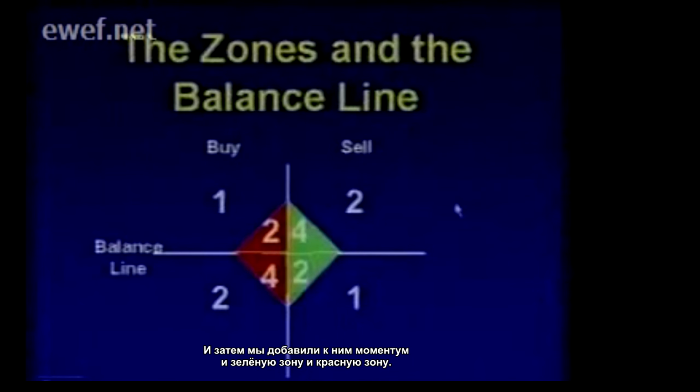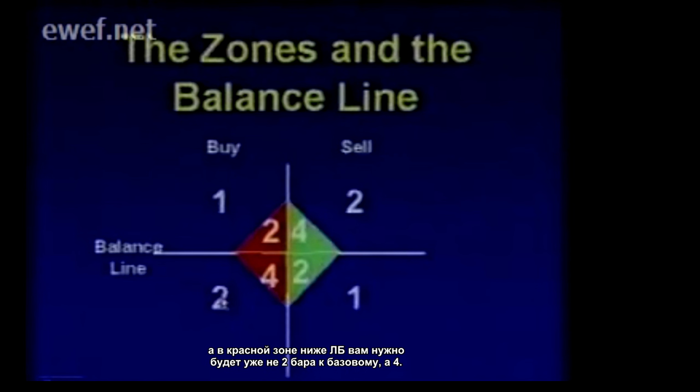So that's our basic balance line buys and sells, and then we add the momentum to that, and the green zones and the red zones. The green zone, remember, is the momentum's up, it's accelerating. When you're in the red zone, the momentum's down, and it's accelerating toward the downside. So if it's accelerating toward the downside, whatever you would normally do in a green area or a gray area, which would be buy plus 1 up here, you double it, buy base plus 2.